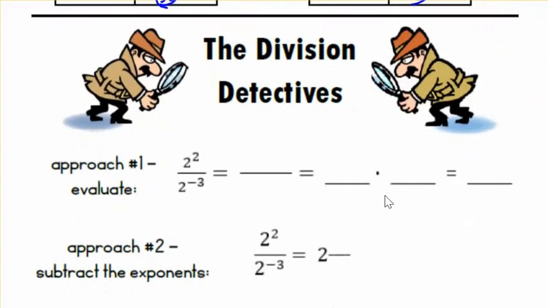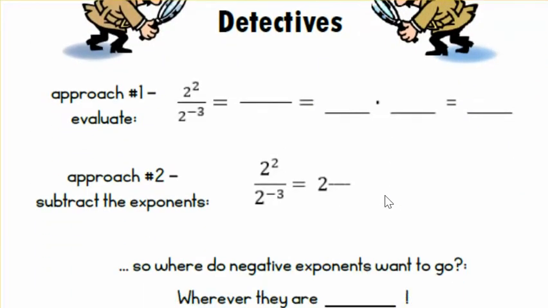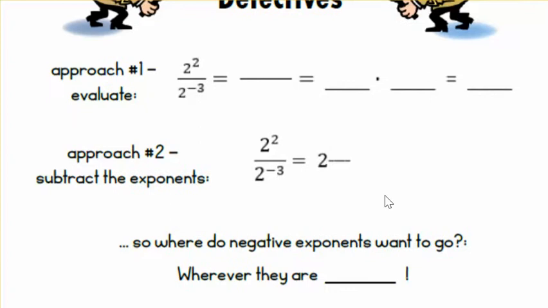So let's approach it from the division perspective again. 2 squared is 2 times 2, which is 4. So if we evaluate that, that's 4. And 2 to the negative 3rd power, we just learned 2 to the 3rd power is 8. And if it's a negative exponent, it would be 1/8.